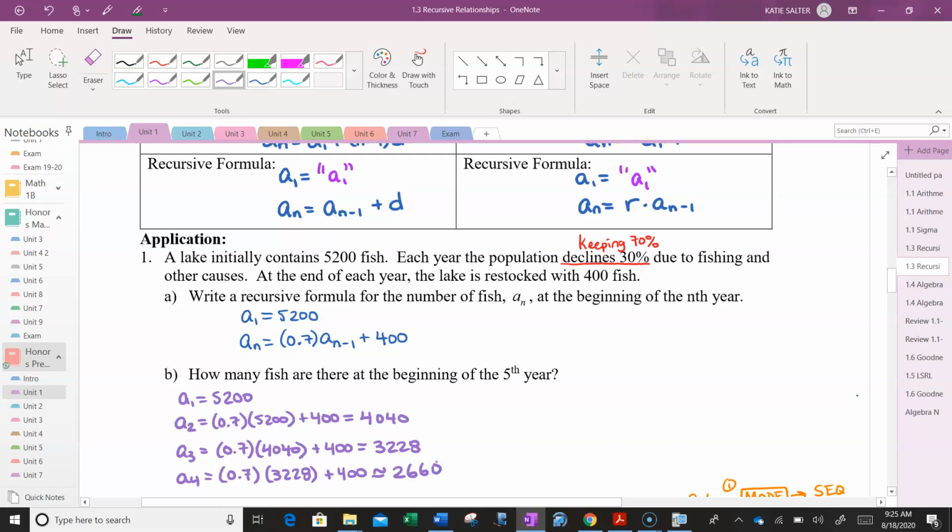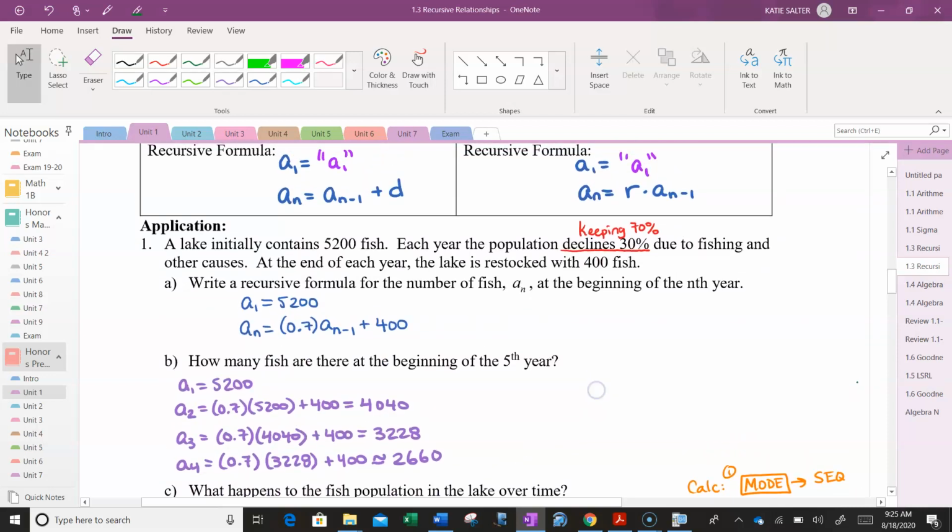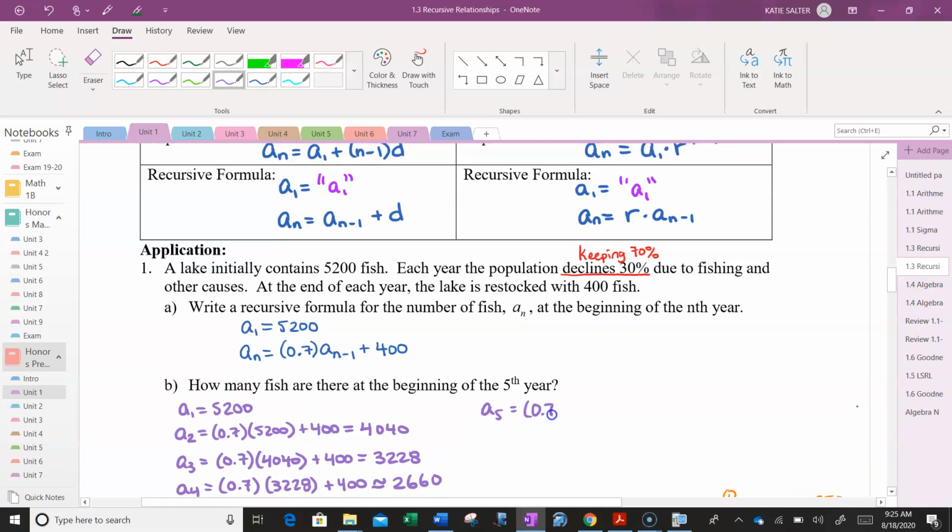2,660. And then finally, to get that 5th year, you're going to do the same process. A sub 5 is equal to 0.7 times the previous year, which we got to be, and you may use the decimal that was in your calculator, or you can use 2,660 plus 400, and it comes out to be approximately 2,262.